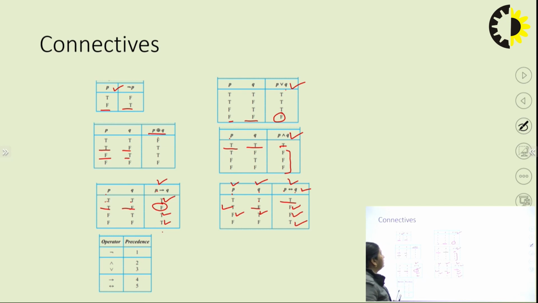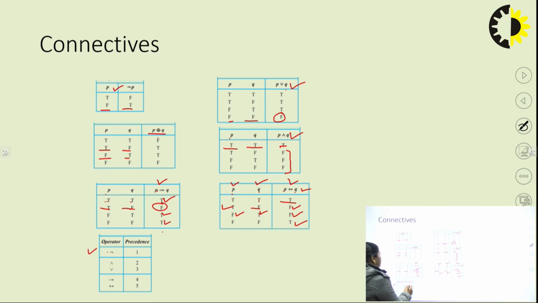So, these are the connectives that we use in propositional logic or propositional calculus. Now, an important point here: all these connectives have an order of precedence. If we have a propositional formula, then firstly negation will be applied.